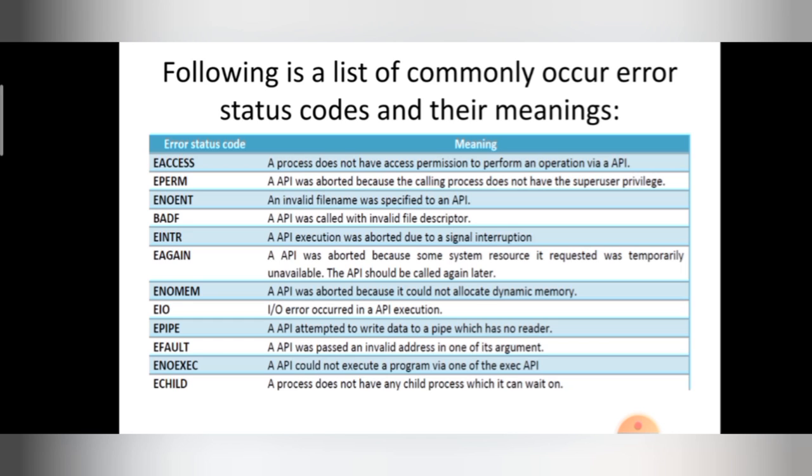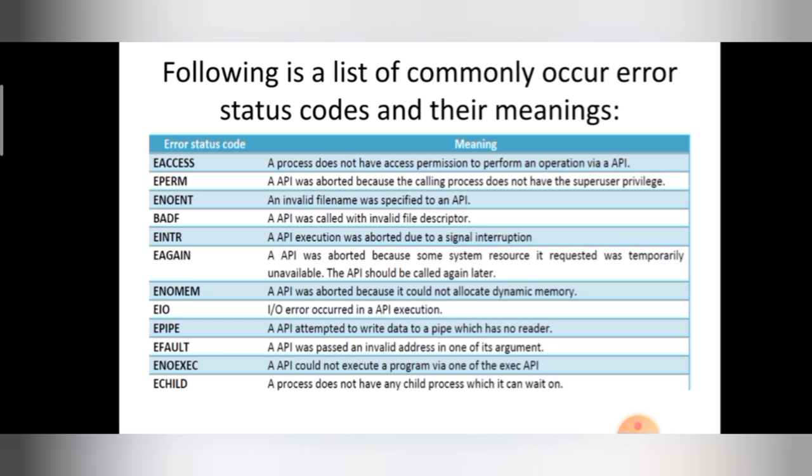EIO: an I/O error occurred, an input output related error. EPIPE: an API attempted to write data to a pipe which has no reader. Don't worry about pipe and message passing techniques, I will explain those things in the upcoming videos.